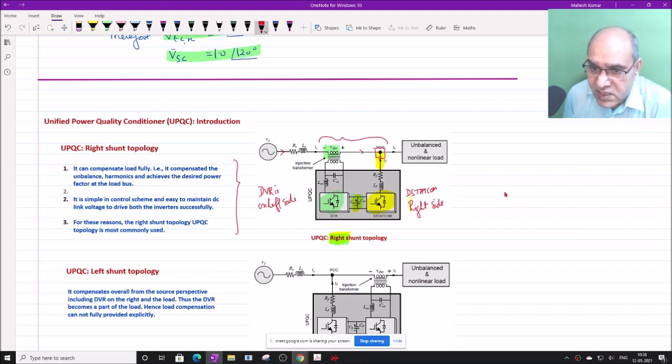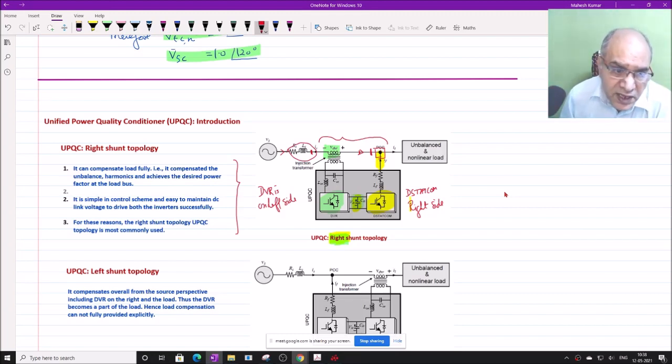So this current will be in phase with this bus, and power factor, unbalance, harmonics, reactive power all are being compensated. But this current will pass through this, and this voltage is different because of the DVR, and hence this side's parameters will not be ensured.